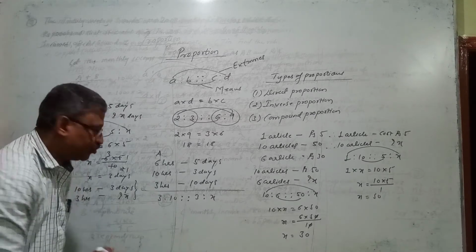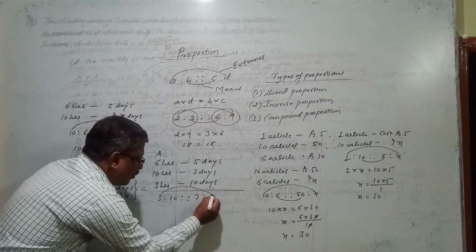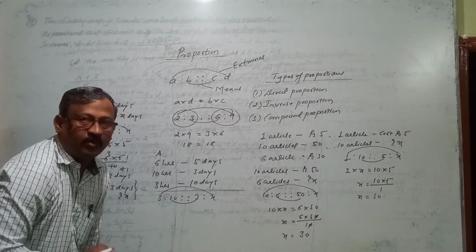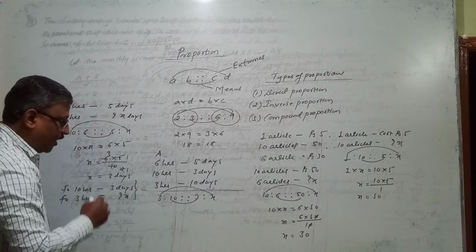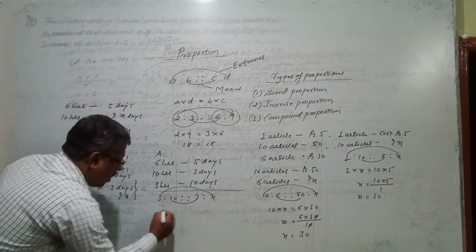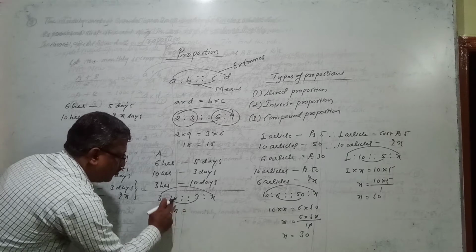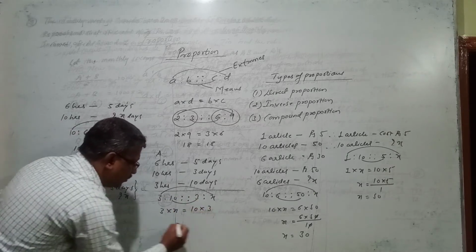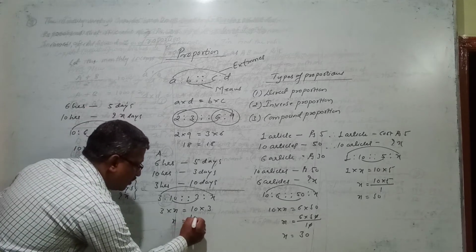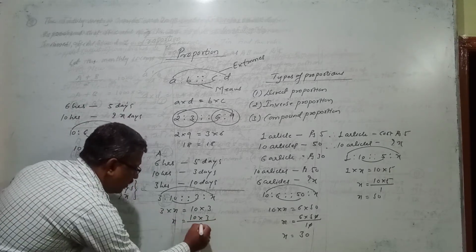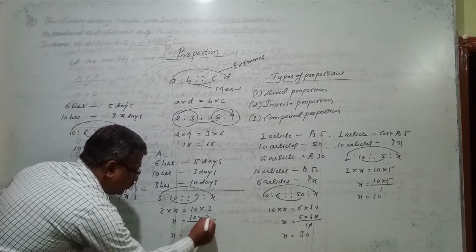What does the rule of proportion say? In proportion, the product of extremes is equal to the product of means. So multiply extremes on one side and means on the other side. Extremes are 3 into x is equal to means, 10 into 3. I want the x value, so bring x outside. So x is equal to 10 into 3 divided by 3, the 3 gets cancelled.